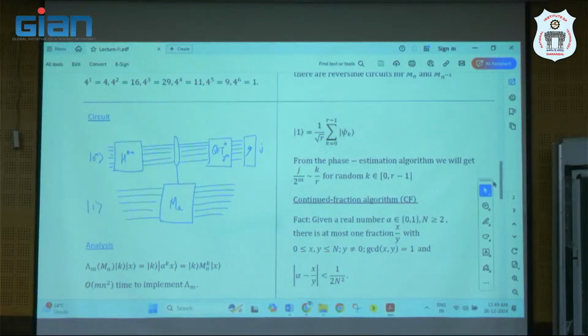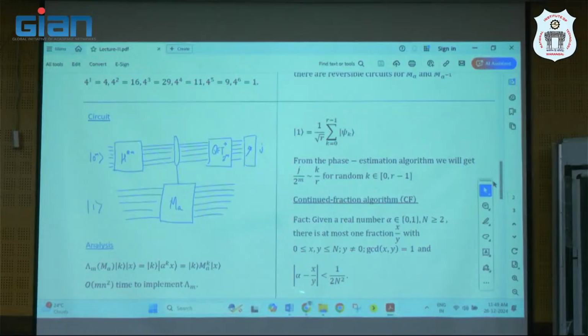There is at most one such fraction such that both x and y are at most n.